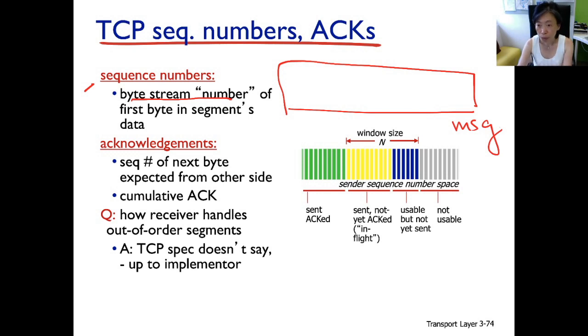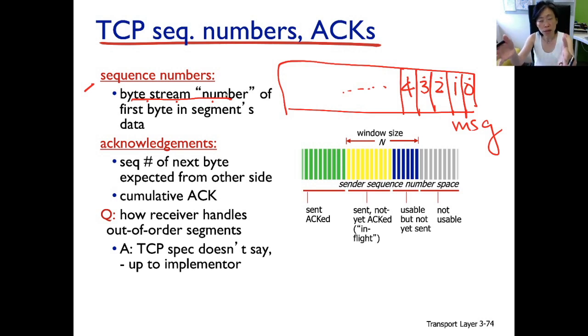As it's pretty long, each byte can be indicated in sequence by a byte stream number. So this is byte 0, byte 1, byte 2, byte 3, byte 4, and so on and so forth. These serial numbers are the byte stream numbers.